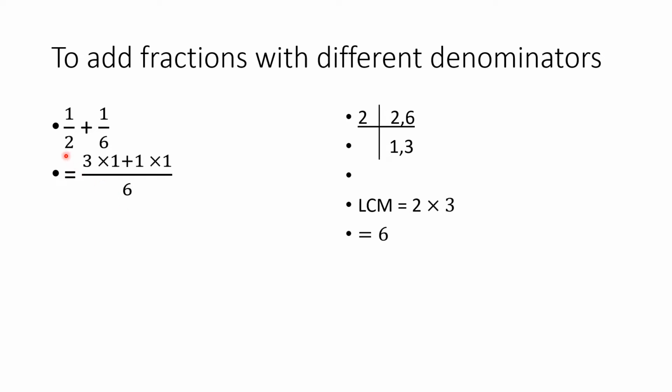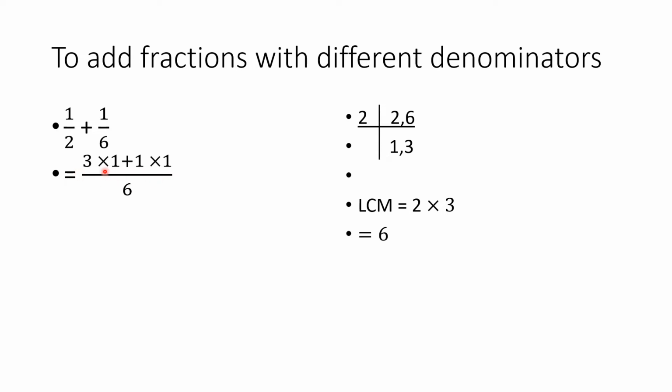Now we will divide in 6 by 2. 2 threes are 6. We will write 3 here and multiply this numerator 1. Then sign of plus. Then 6 ones are 6. So we will write 1 here, multiply this numerator.